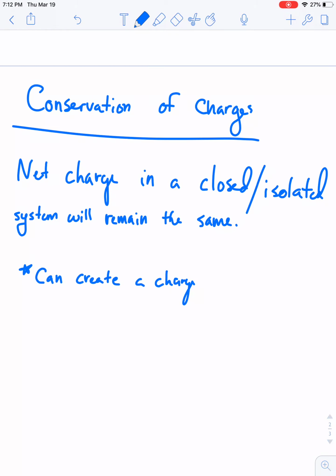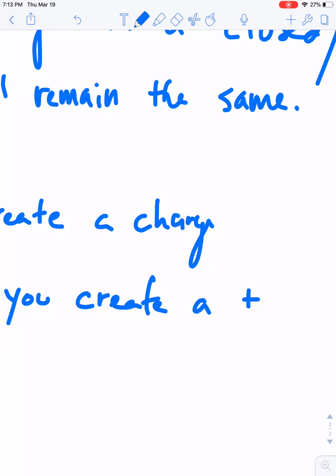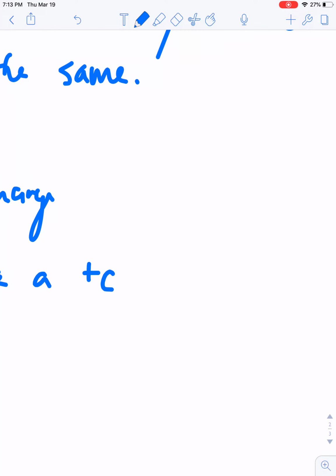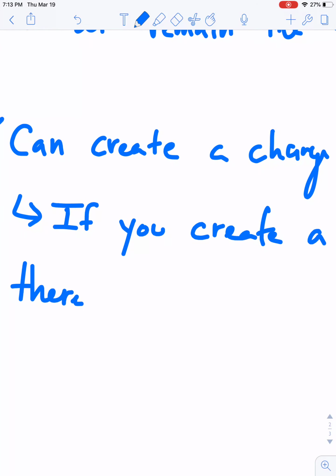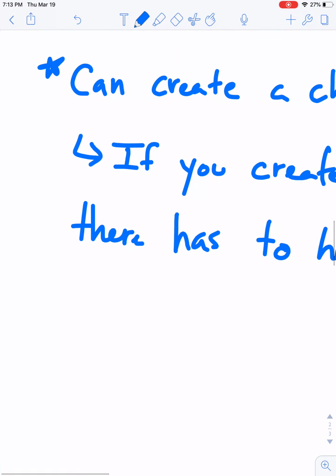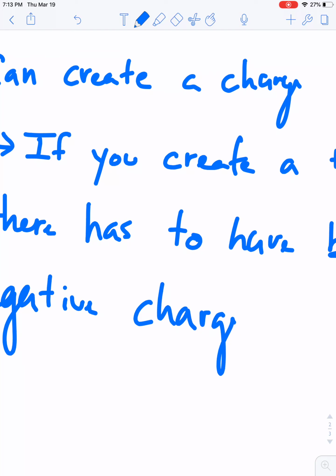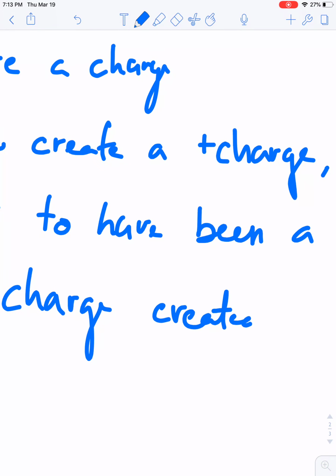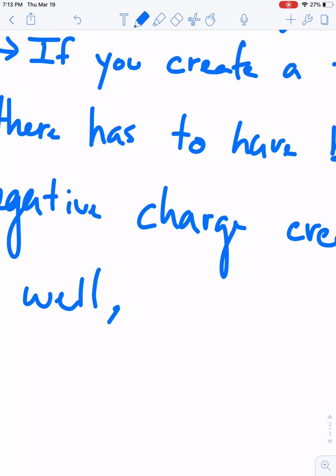You can create a charge, but the key is that if you create a positive charge, there has to have been a negative charge created as well. And vice versa.